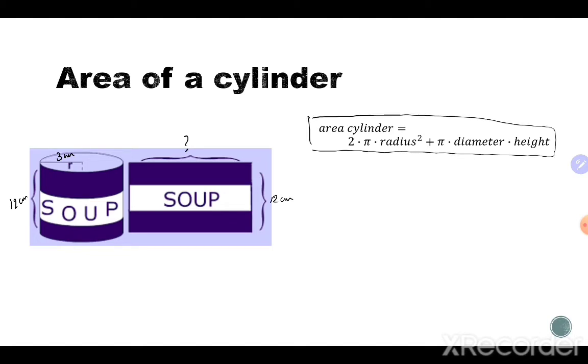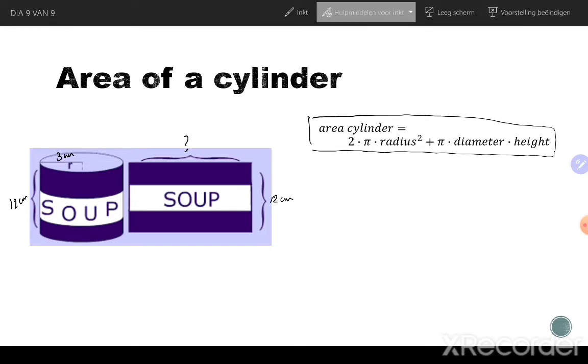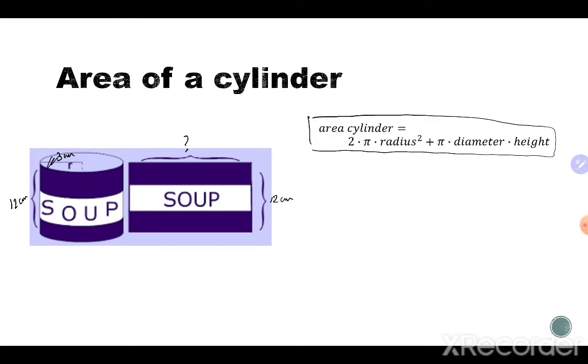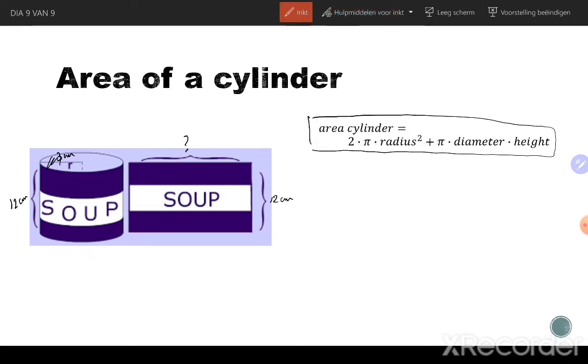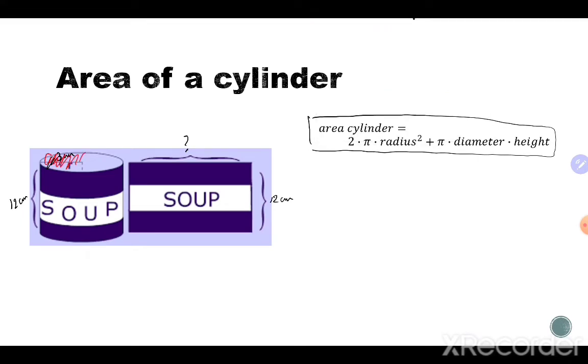All right, so I already showed you the formula here, but maybe we can do it without the formula, because we need to start with the two circles. One above and one under, this one and the other one under. So the area of the circles, I'm going to do both together, so 2 times the area of the circle.